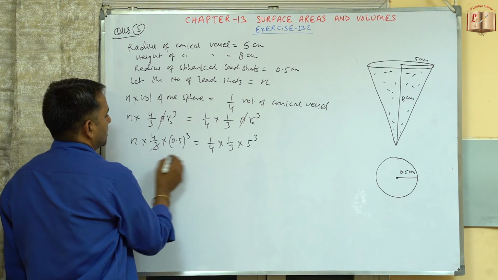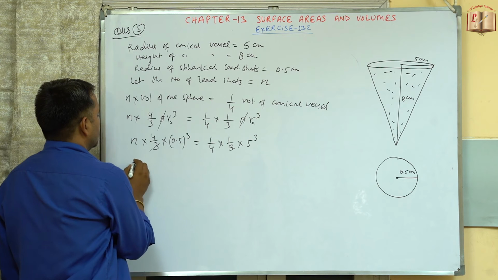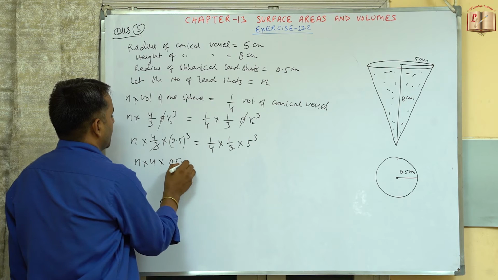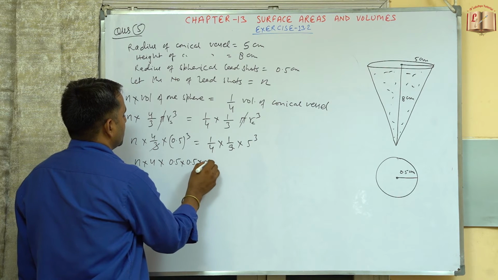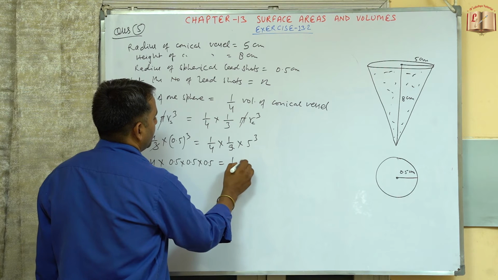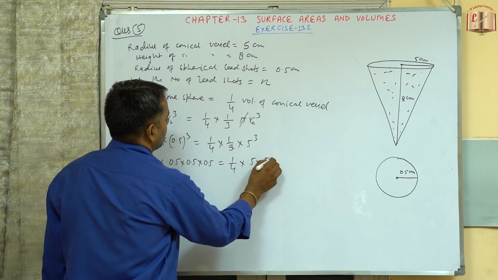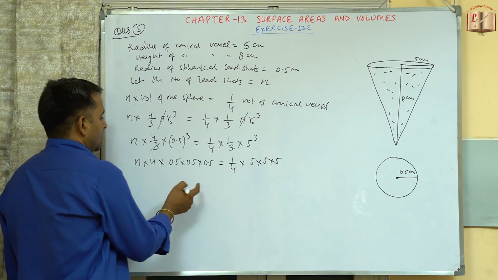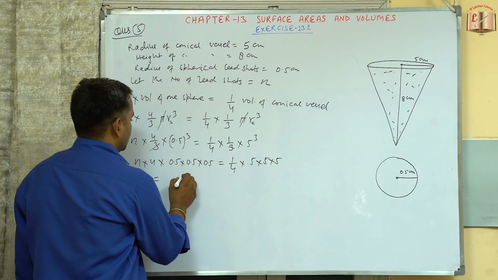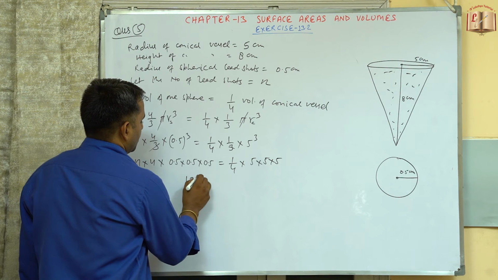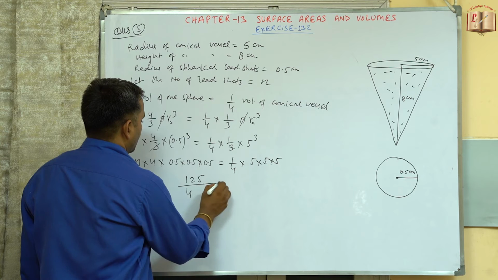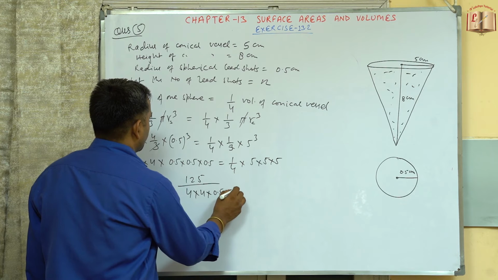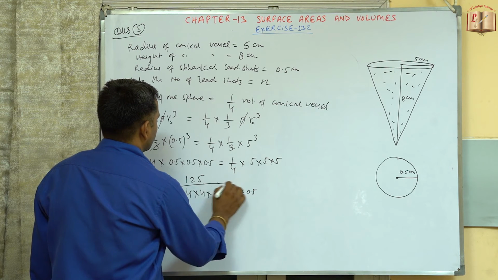Now we can simplify, 3 से 3 cancel हो गया. So this is now n into 4 into 0.5 into 0.5 into 0.5, this will be equals to 1/4 into 5 into 5 into 5. So now on solving, n will be equals to 125 divided by 4 into 4 into 0.5 into 0.5 into 0.5.